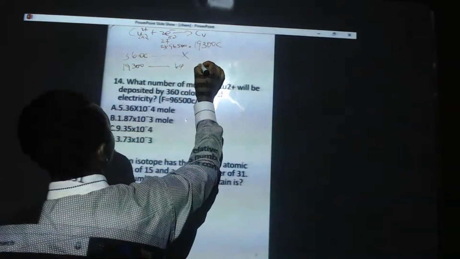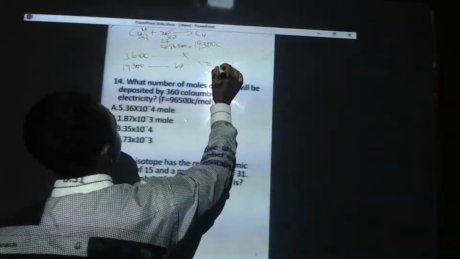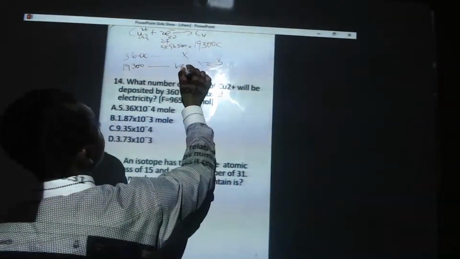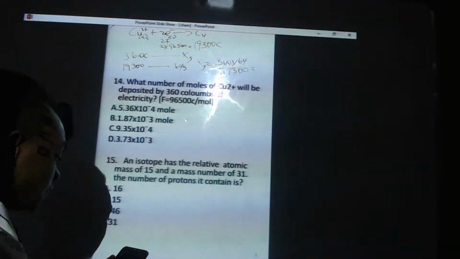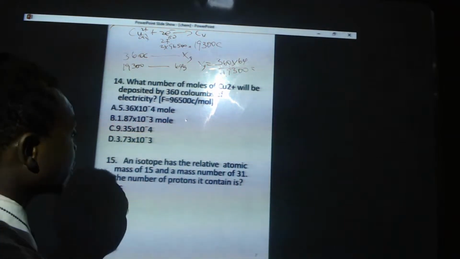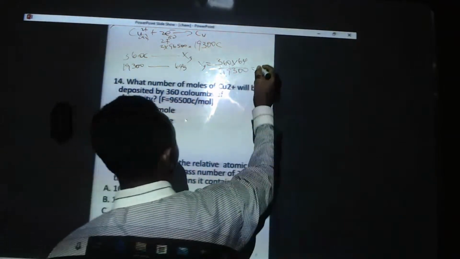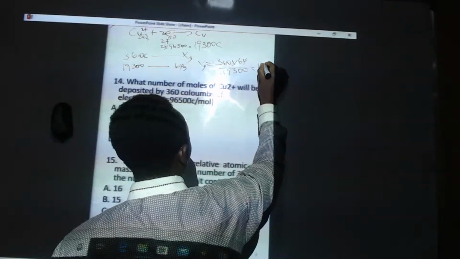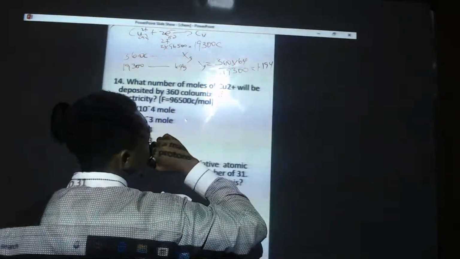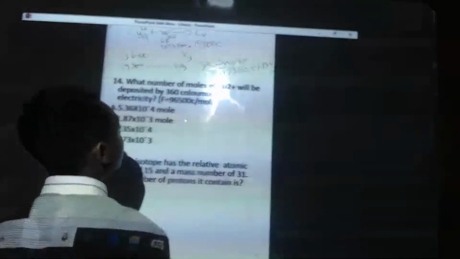So x is equal to 360 times 64 divided by 193000. Remember, we are dealing with grams first. This gives you 0.1194 grams. And we are not done.